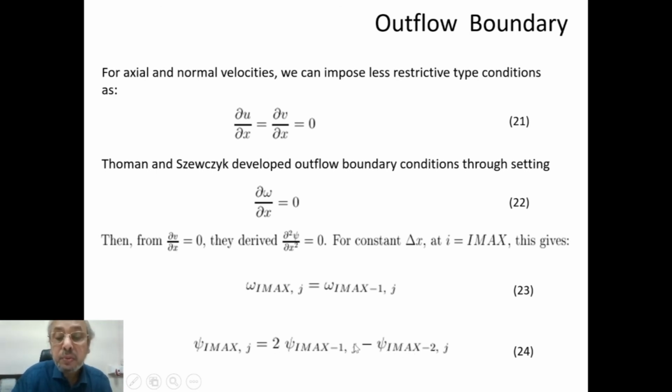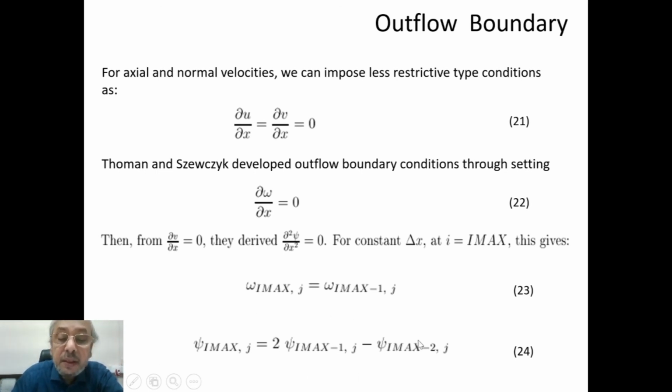Again, if you think that j is same, at any j you will consider this condition, j equal to 1, j equal to 2, j equal to 3, it will be same, but what we have written is psi I max minus twice psi I max minus 1 plus psi I max minus 2 by delta x square equal to 0.